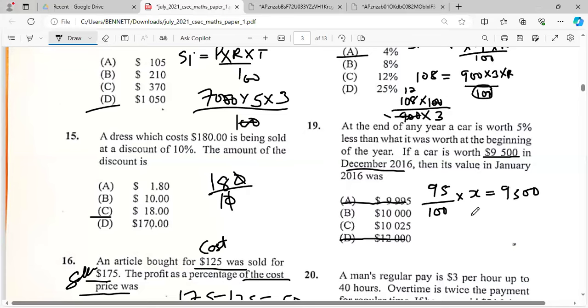What I multiply, I divide; what I divide, we multiply. So it would be 95 times the 100, and then since these are times, we divide. 95 into itself 1 time, 95 into 100... So 100 times this is exactly 10,000.